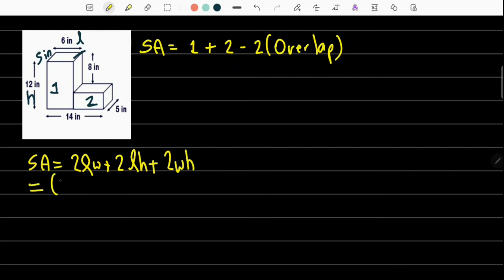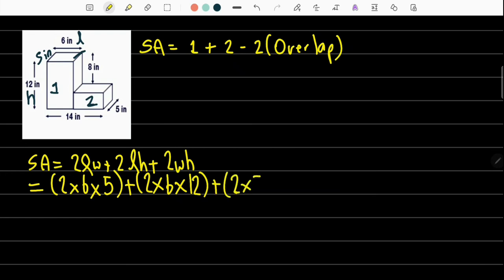We have 2 multiplied by 6 multiplied by our width, which is 5, plus 2LH, so 2 times our length 6 and our height 12, plus 2WH, so 2 times our width 5 and our height 12.